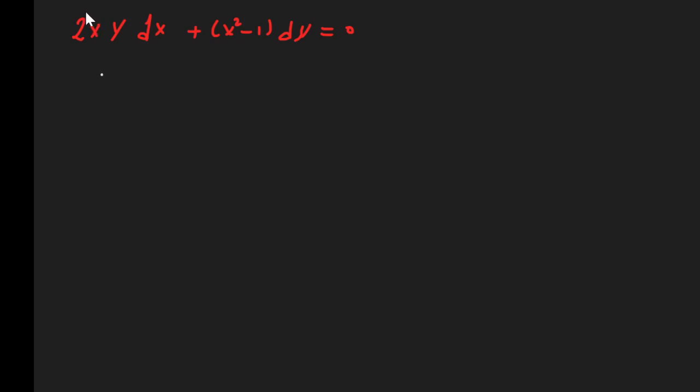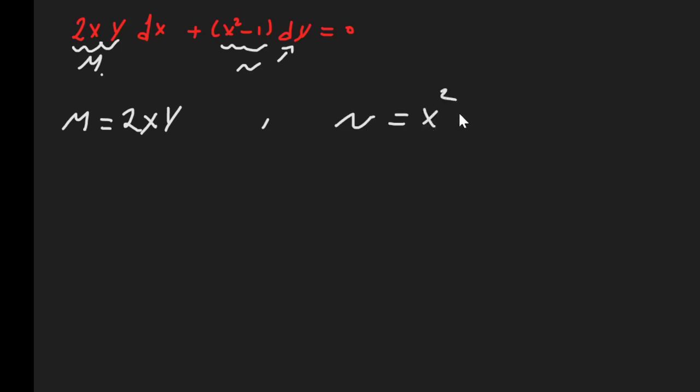So what you need to do is to identify your m, which is the term associated with dx, and to identify your n, which is the term associated with dy. Now, you need to say that m equals 2xy and n equals x squared minus 1.